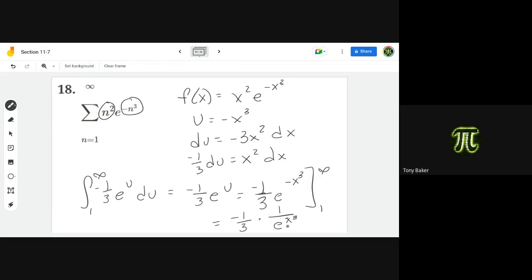So if I plug in infinity to that, that's going to 0. So my infinity part goes to 0, and if I plug in 1 to this, I get negative 1/3 e.